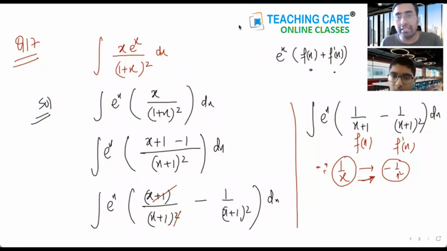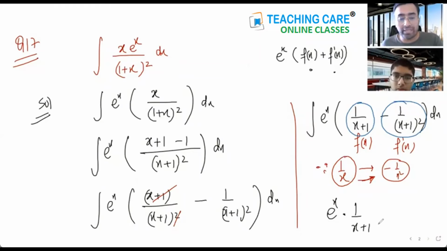That's why the derivative of 1 over (x plus 1) is minus 1 over (x plus 1) whole square. So the final answer is going to be e raised to the power x into f(x). What is f(x)? f(x) is 1 over (x plus 1). So this looks like e raised to the power x over (x plus 1) plus c. This is the answer. Done.